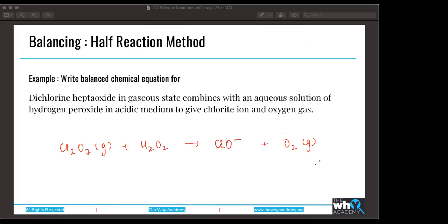Once you write the oxidation states, that will help you identify which is oxidation and which is reduction easily. Wherever the oxidation state is reducing, that's reduction. And wherever it is increasing, that's oxidation.